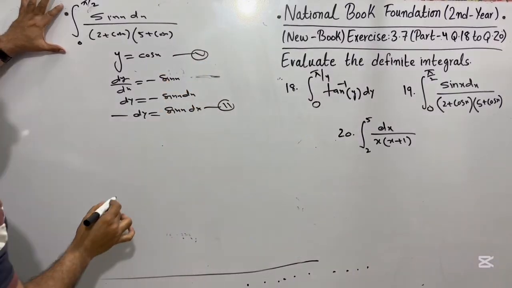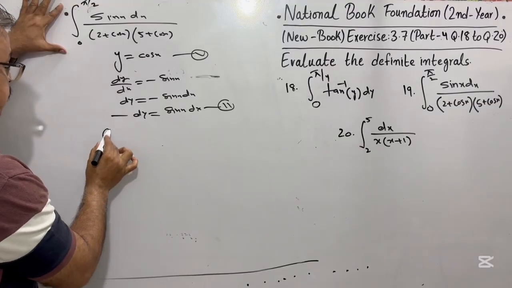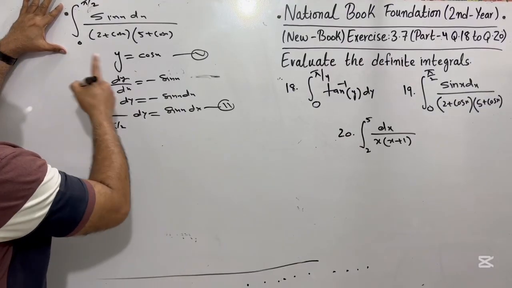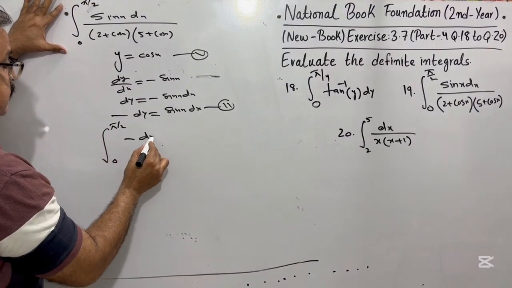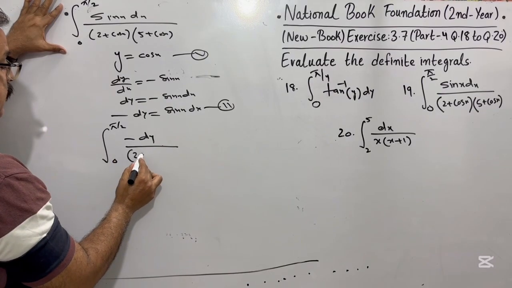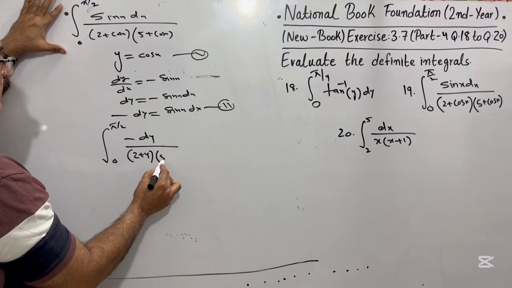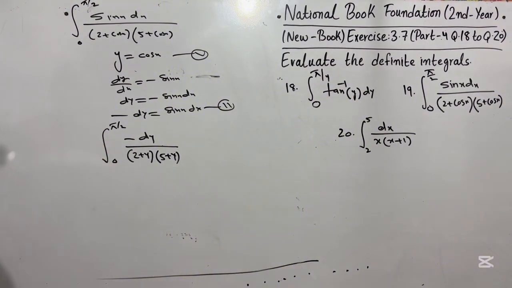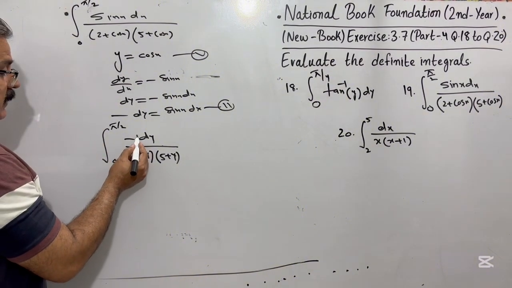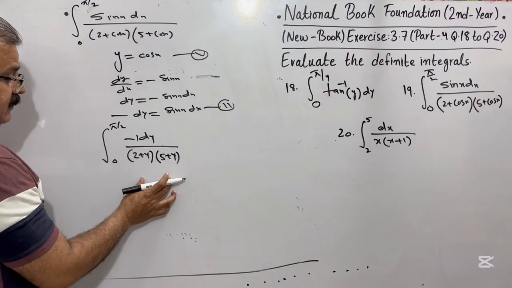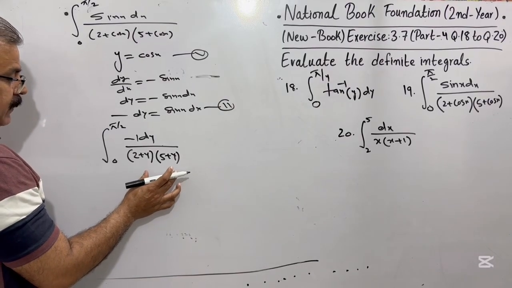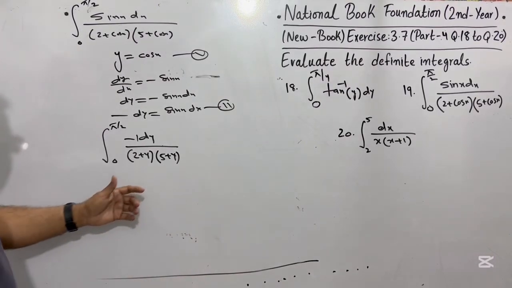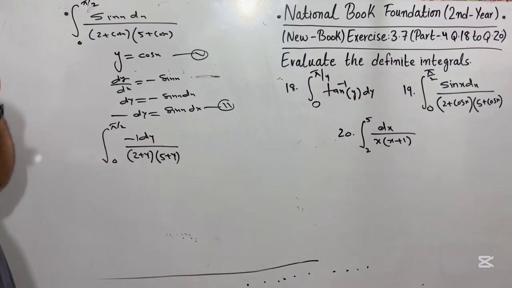Utilize these two assumptions in the original integral. We have something like the integral of, instead of sine x dx, minus dy over 2 plus y times 5 plus y. This is our simple partial fraction, as the degree of the denominator is greater than the numerator, there is no function-derivative situation, and both brackets are linear as well as different.